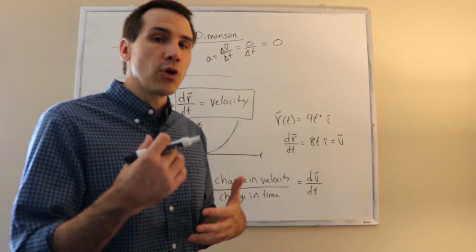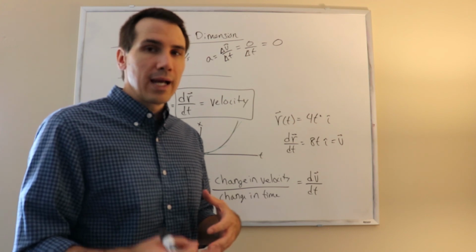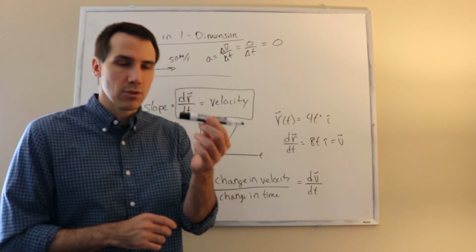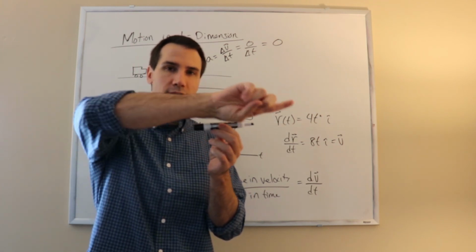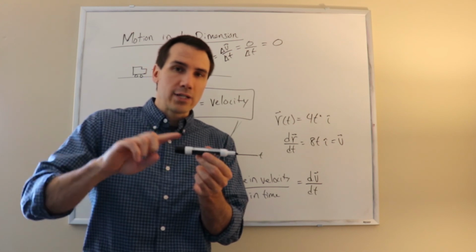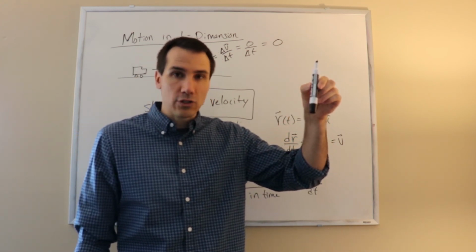Interestingly, even if you're going around a corner, your velocity is changing. That's because your velocity is a vector, it points in some direction. So say my marker, my velocity vector points to the right, right? So I'm moving this way, and now I turn, which means that my velocity vector has changed.